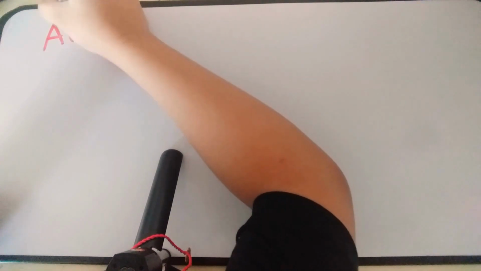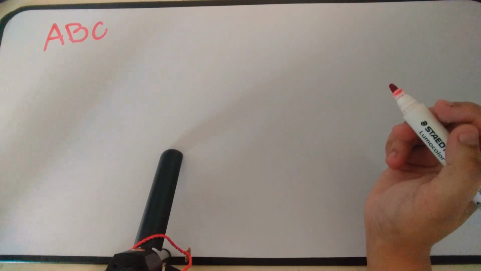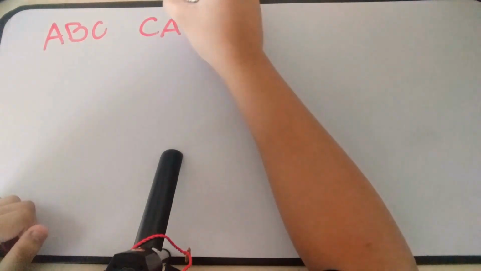I guess the best way to explain this is with an example. Let's say we have three letters A, B, C. We could arrange them in this order, A, B, C, or we could say C, A, B. Now, even though we have the same three letters, the order is different.